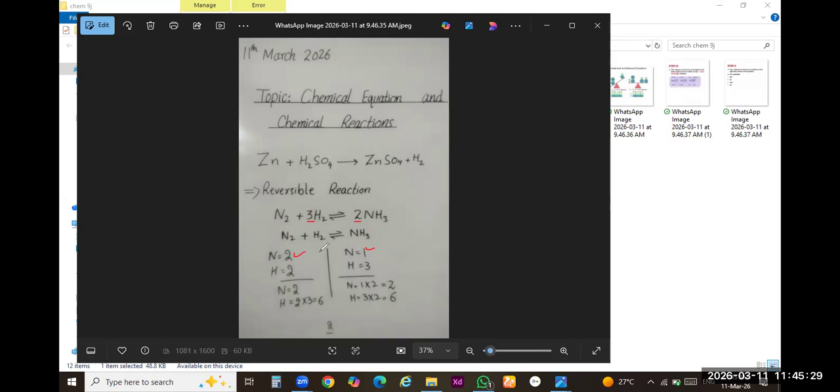It should be balanced. If this number is 2 over here, it should be 2 there. This should be balanced. If there are 2 elements of hydrogen on that side, there should be 3 or 6. Then it will be balanced. So multiply these elements with a suitable integer. You have to multiply this value with a suitable number.